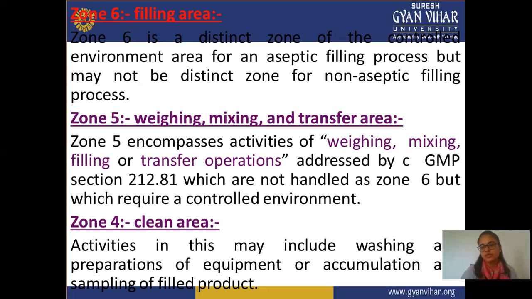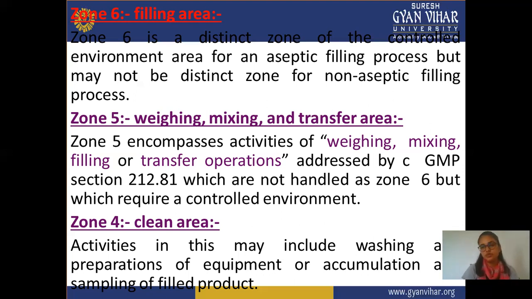Means these weighing, mixing, filling and transfer operations take place only in zone 5, and this is addressed by cyclic CMP section 212.81, which are not handled as zone 6, but require a controlled environment. Means this zone 5 comes under your cyclic CMP, or good manufacturing practice, section 212.81, and you maintain this zone 5 according to it. In this, proper handling condition or proper aseptic condition applies, and only this weighing, mixing, and filling transfer takes place.